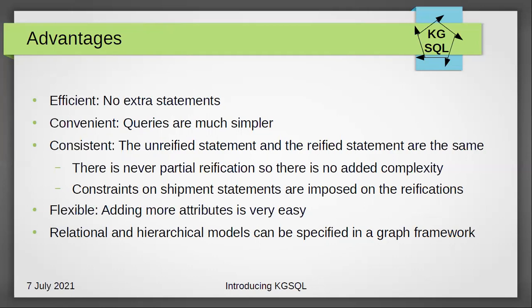And you can't actually do that with just RDFS, by the way. You need something more powerful like OWL to be able to constrain reified statements. And these constraints start to look kind of complicated. It has more flexibility. I mean, it's really easy to add attributes. And relational and hierarchical models now can be specified much more easily in this graph framework.